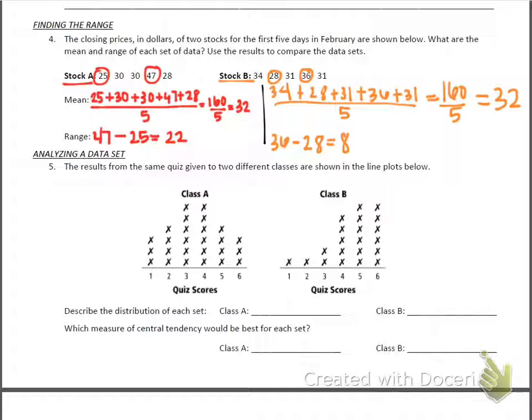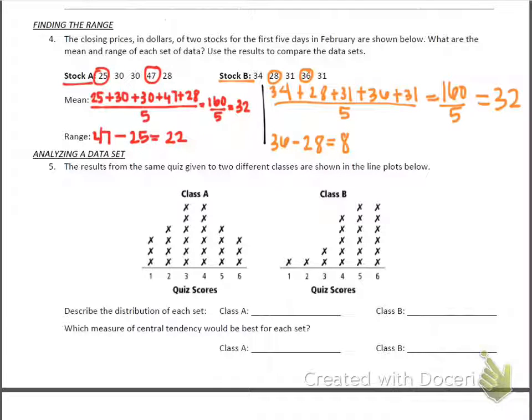So on average, they close at about the same value. But for the range, we got 8. So what does that tell you? Is the range bigger or smaller on stock B? Smaller. So there is less of a difference between all of the values in stock B.